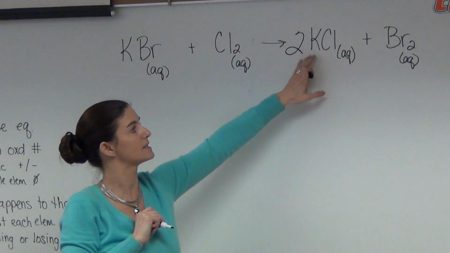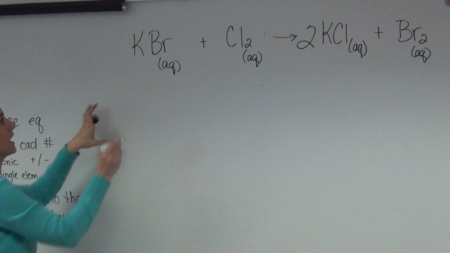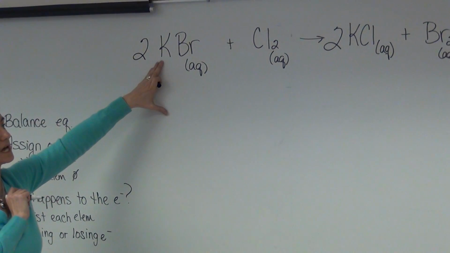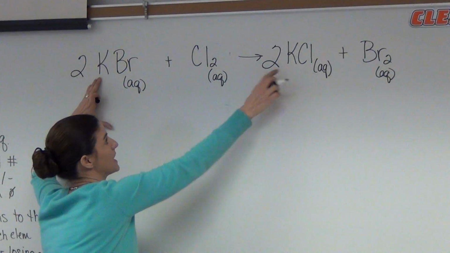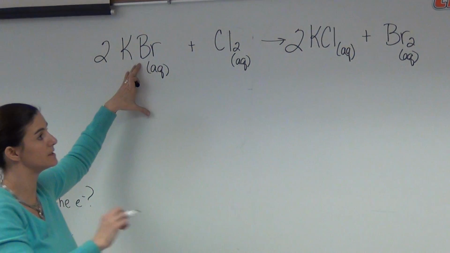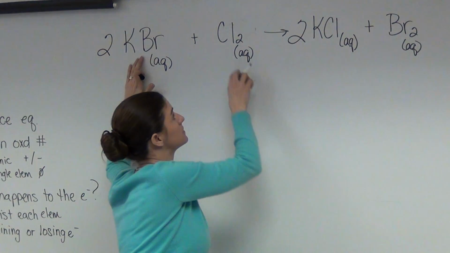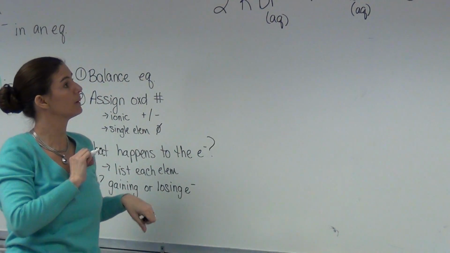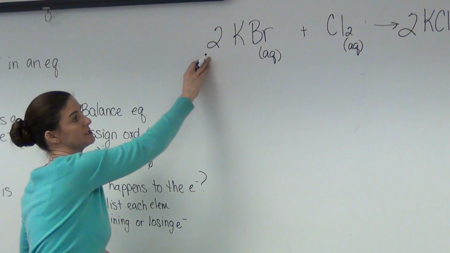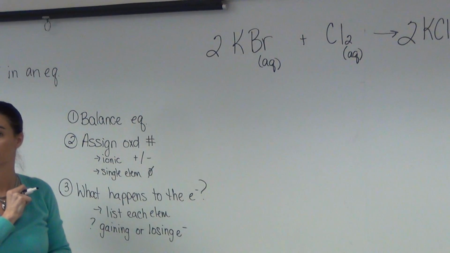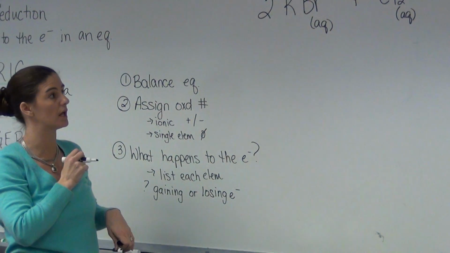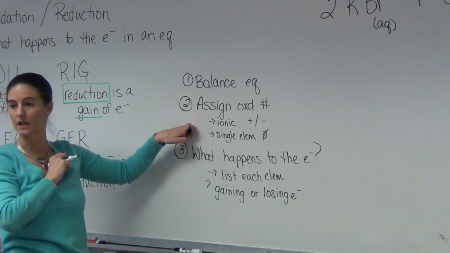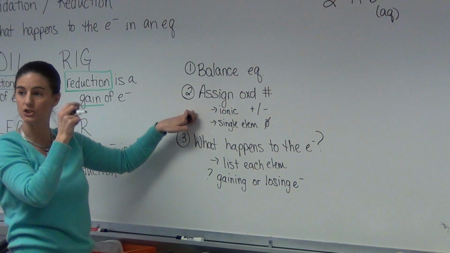Once we fix this side, we come back over to this side and put a 2. 2 potassiums, 2 potassiums, 2 bromides, 2 bromides, 2 chlorines, 2 chlorines. Okay? Make sure the coefficient distributes through the whole compound. Subscripts are individual elements. So, step 2, assign the oxidation numbers for each individual element.